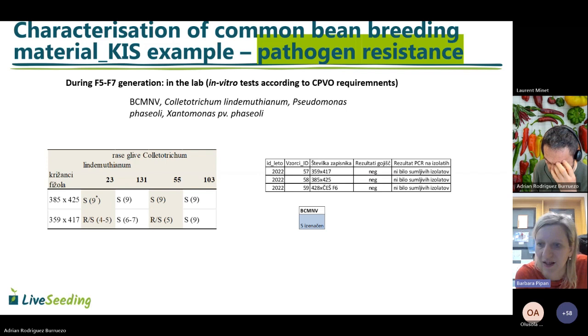How do we decide on the most promising material, which elite line will then be selected for the registration?